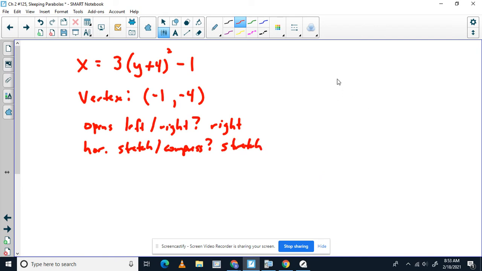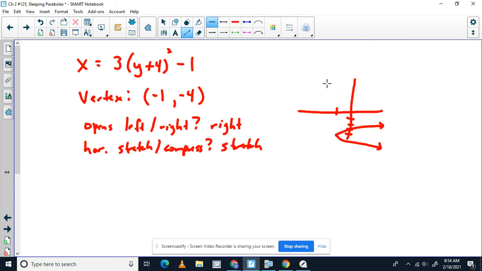So if I were to sketch this one, the vertex would be at negative 1, negative 4. It's going to open to the right, and it's going to be a little bit thinner than normal. So that would be our sleeping parabola. Now, notice our sleeping parabola is not a function.